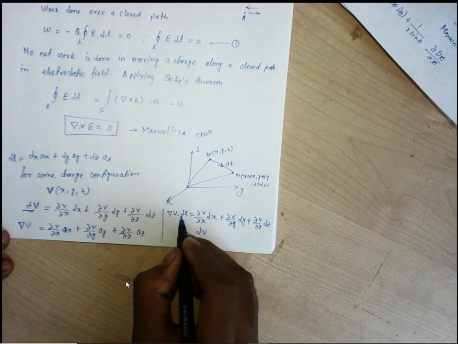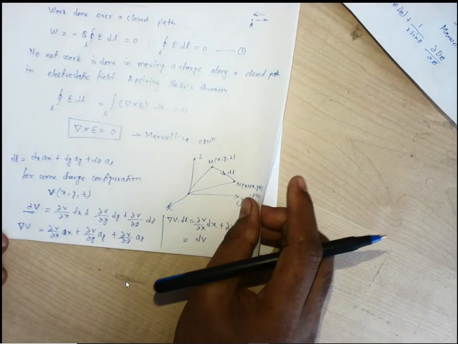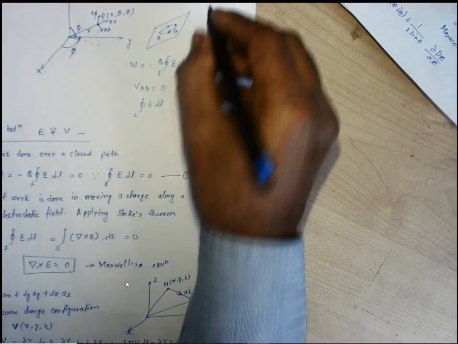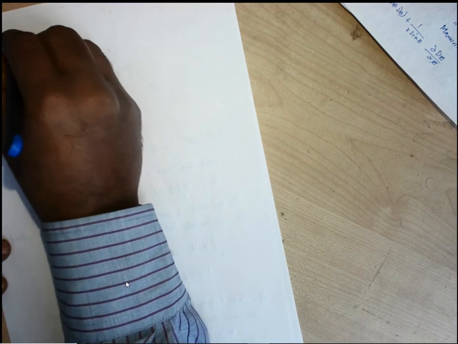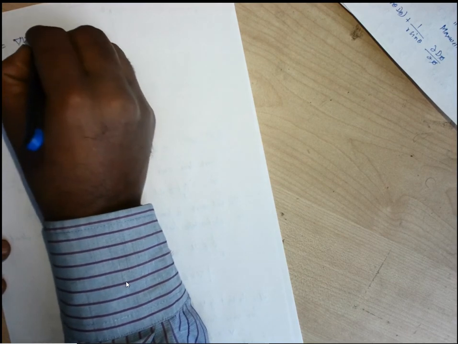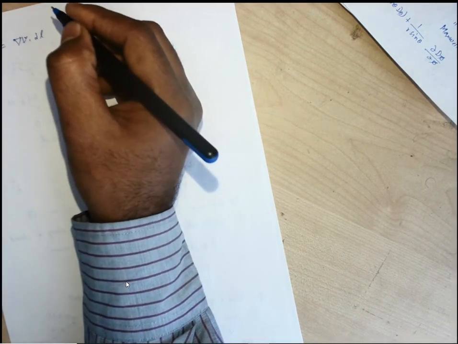So del V dot dl is dV. This is what we have derived. So dV is del V dot dl, right?